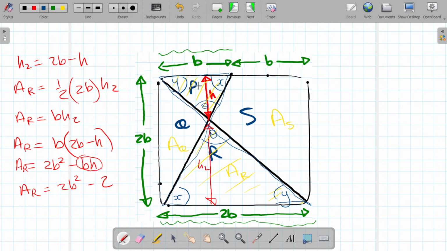So these are similar triangles. I'll write that down for you, similar triangles.